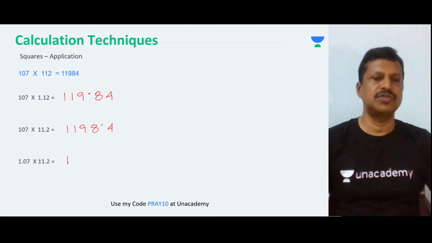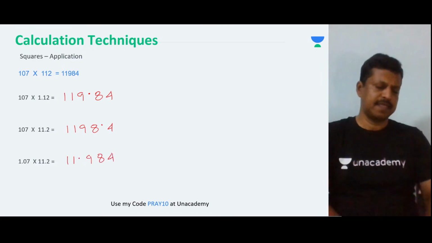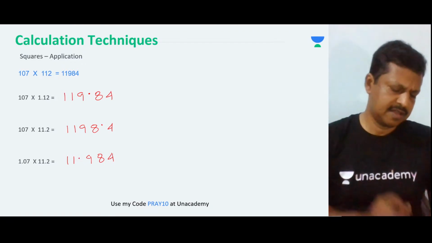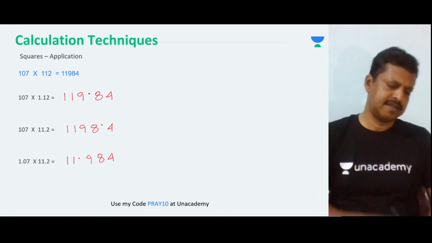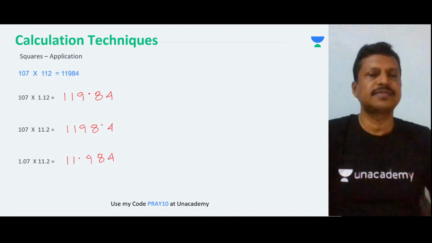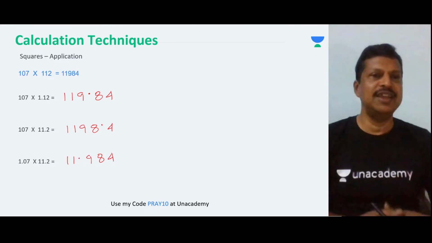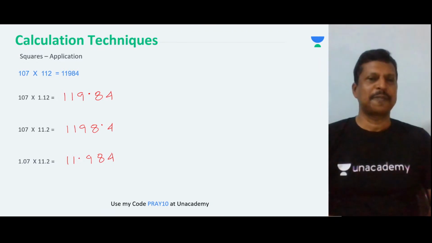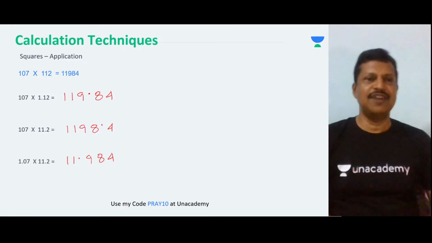So your answer comes out to be 11.984. Okay. So have you seen how to apply whatever you have learned? Fine. Okay, so I hope you are confident enough as of now.